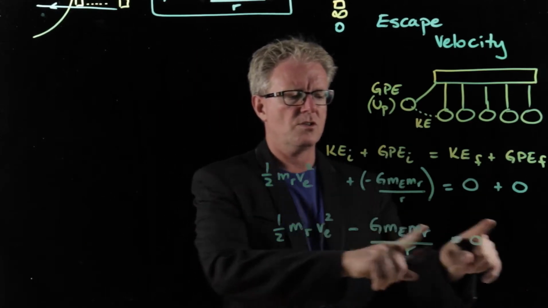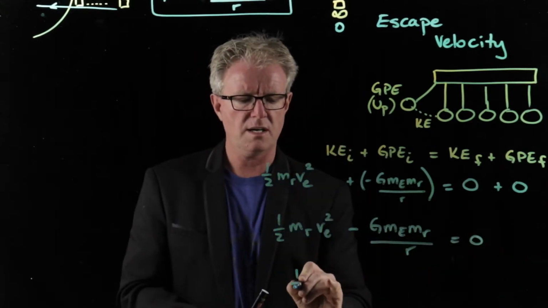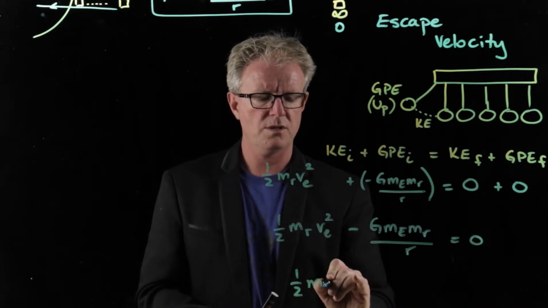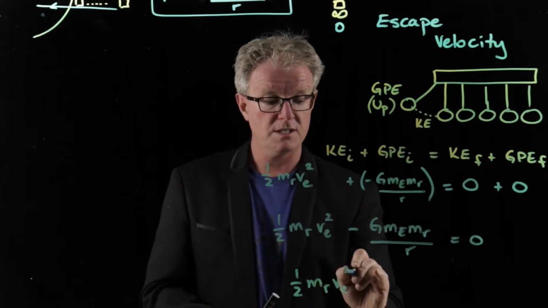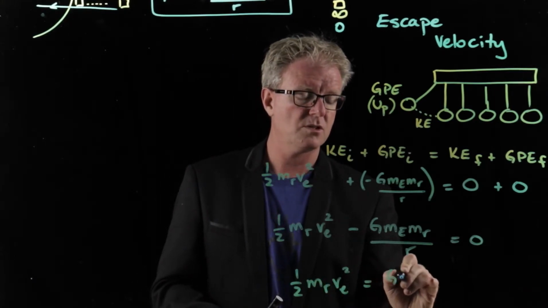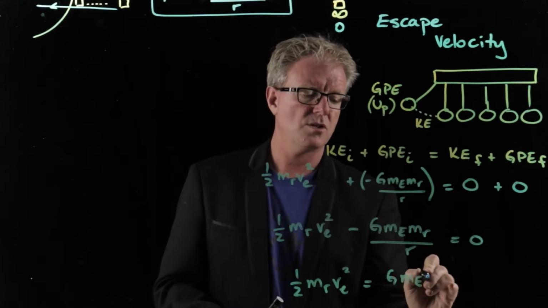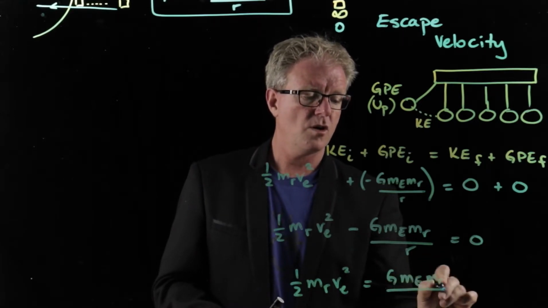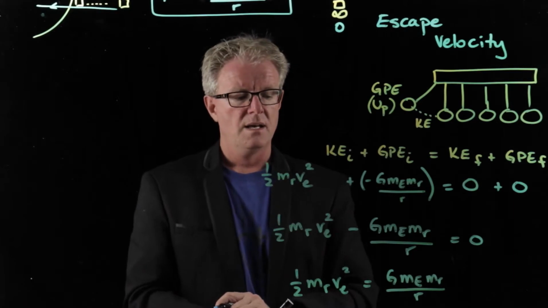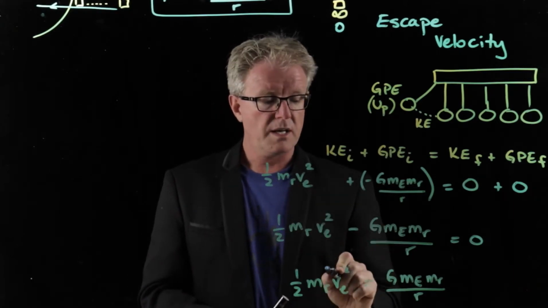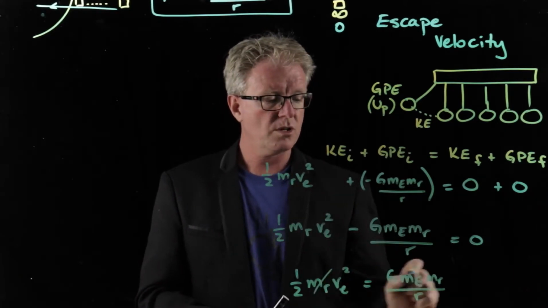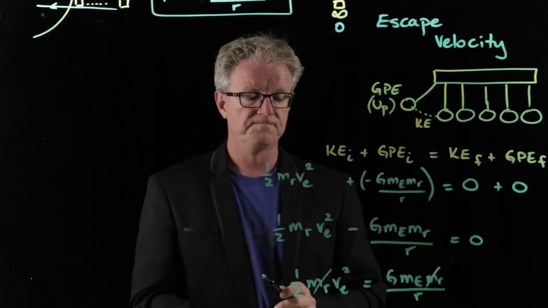We move this onto the right hand side, so we've got a half mass of the rocket times escape velocity squared equal to gravitational constant, mass of the Earth, mass of the rocket over r. And so now what we can do is get rid of the mass of the rocket because that cancels on both sides.